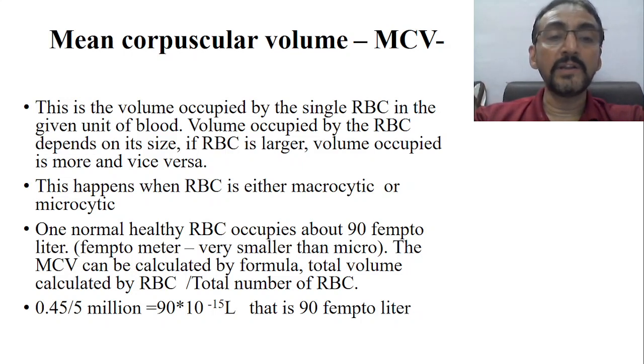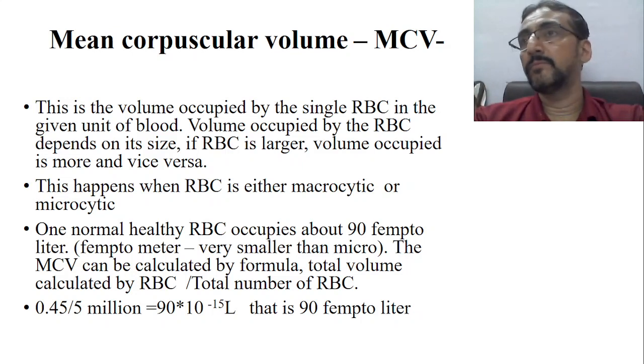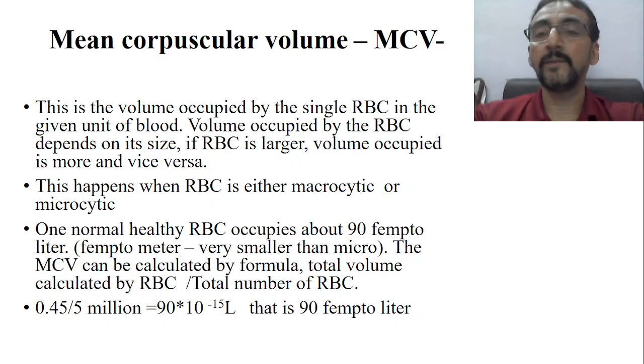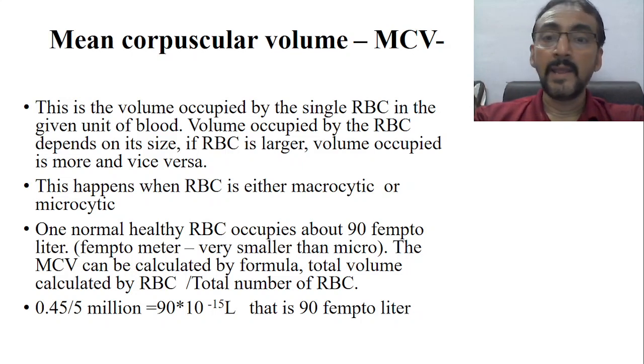One femtoliter is very much smaller than the micro. Micro से भी कम है. ये जो volume है, micro volume से भी कम है, वो femto volume है. Femtoliter. So in a normal person, when he is having normocytic RBC, the volume occupied by one RBC is 90 femtoliter. Okay.